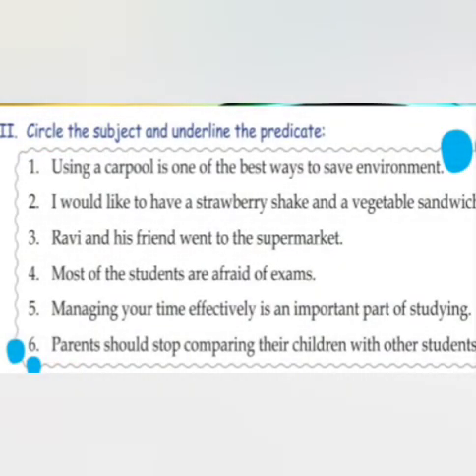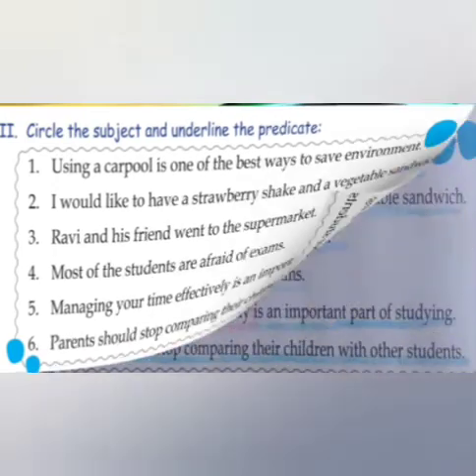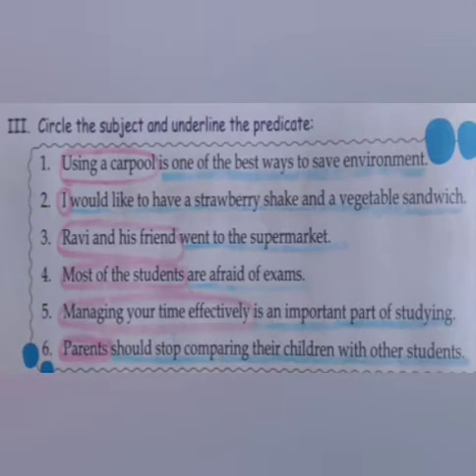Next question is question 3, and that is circle the subject and underline the predicate. So here is the solution. Using a carpool is one of the best ways to save the environment. So what is the subject? Using a carpool is the subject and the rest of the sentence is the predicate.